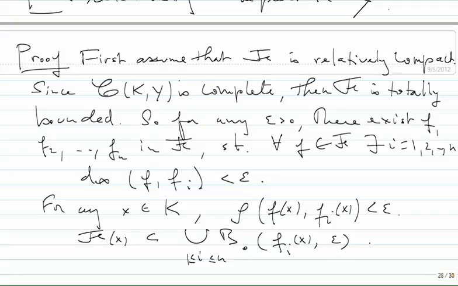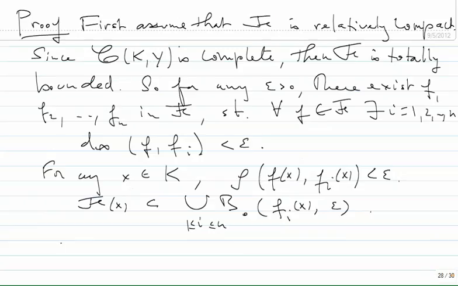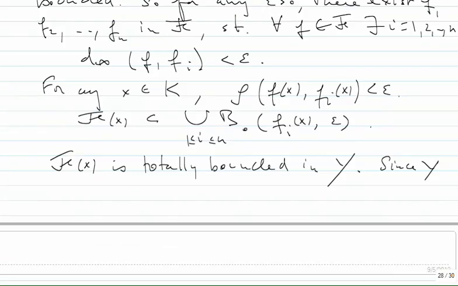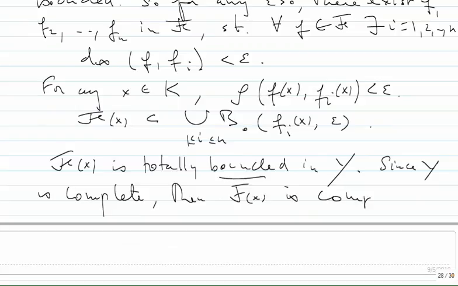So in other words, the set of f of x is totally bounded in Y. Okay, since Y is complete, then the closure of the set of f of x is complete and totally bounded.